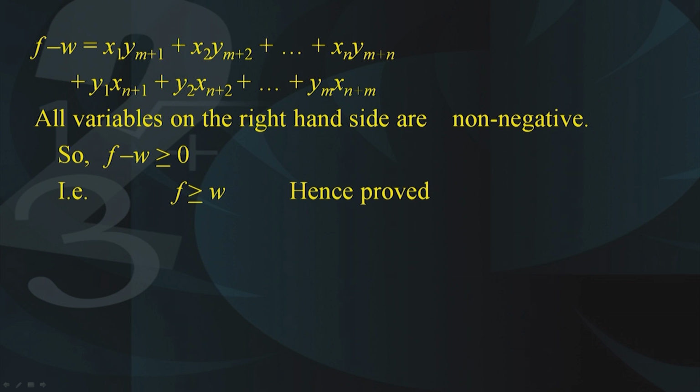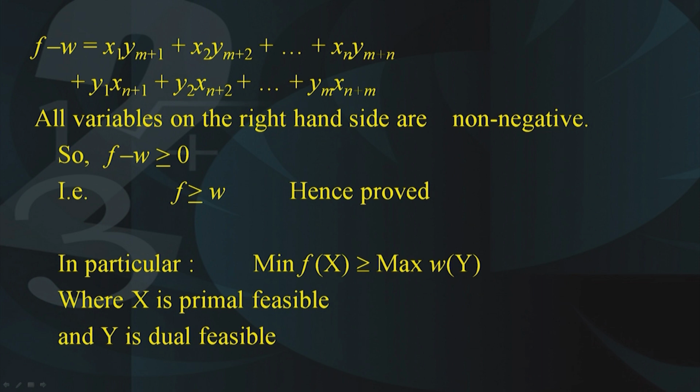Therefore, the right hand side is greater than or equal to 0, and this implies that f is greater than or equal to w. Hence, we have proved the theorem that for any feasible solution of the primal and any feasible solution of the dual, we have the following relationship, that f is greater than or equal to w.